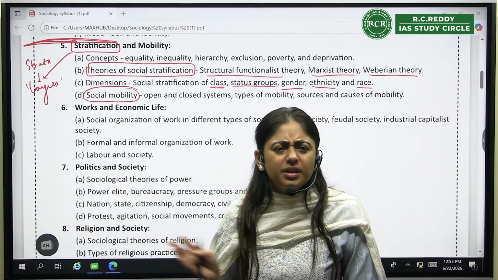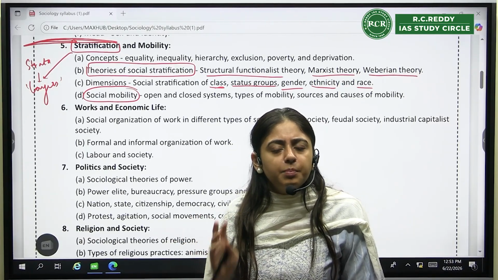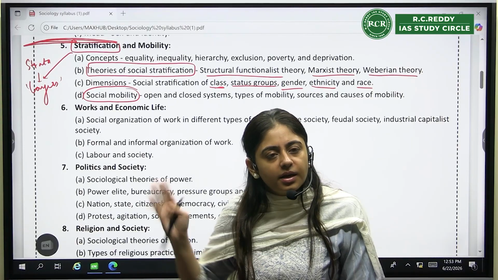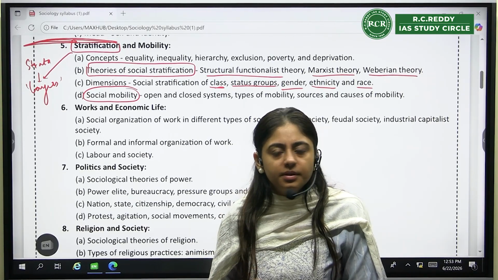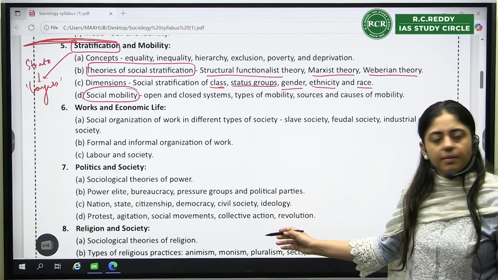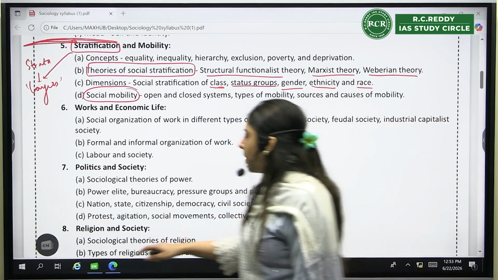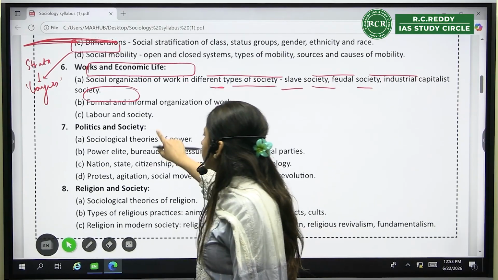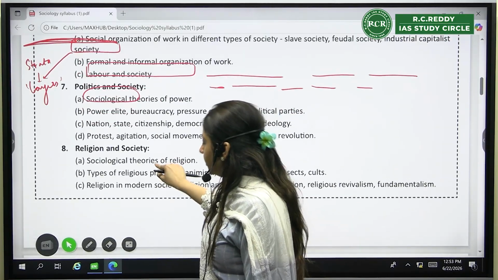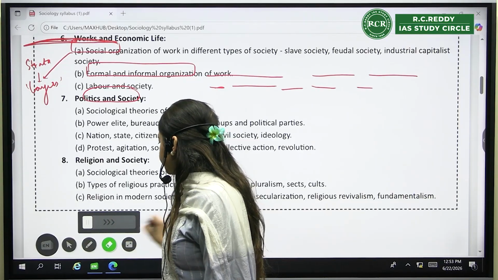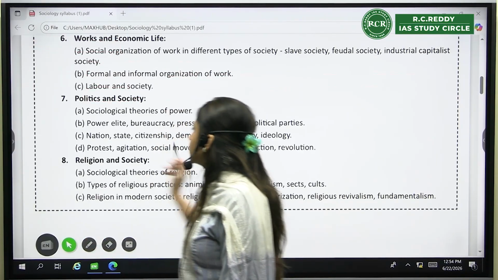And again, simple: after the thinkers are done, the major mental load will be the thinkers. The rest of the chapters are very simple. Then we will study politics and society also. We'll cover power, because power again has a societal aspect. This chapter is easy, but it will take the most time, because subtopics are most in this chapter.